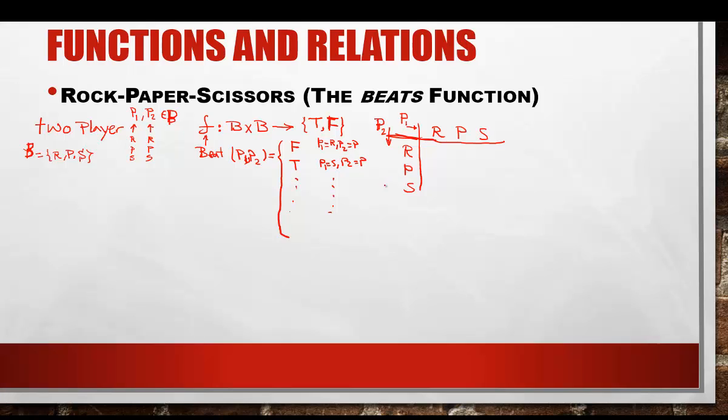To show how this function beats actually works, another way to visualize it is with a function table. We could either represent our function with all these choices, or we could translate those choices into this tabular format, which gives me a better way of visualizing this function, especially because it's a binary function. It takes 2 elements. So we know that rock doesn't beat rock.